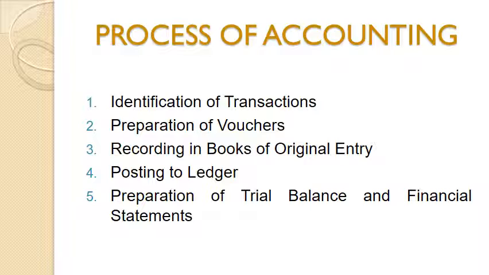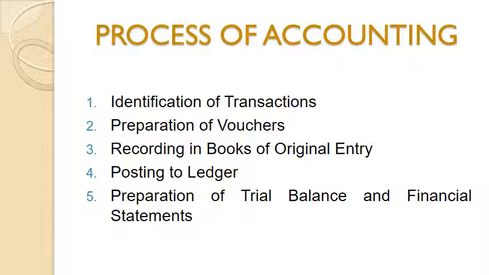If our business is quite big, that means lots of various kinds of transactions are going on, then we have to record these transactions in separate heads, or we may call them subsidiary books. This is again a kind of journal only.